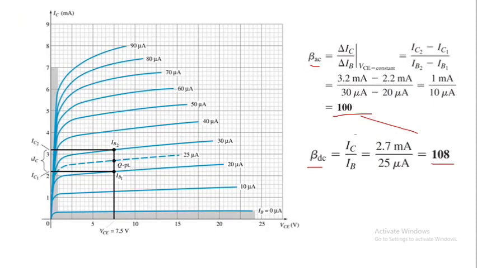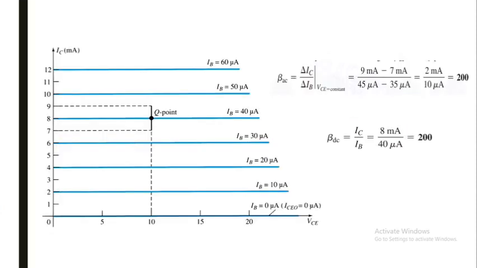And again, if you ignore VCE saturation and consider it as 0, we will get this graph. For this, if you want to find beta AC and beta DC, both values will be equal.